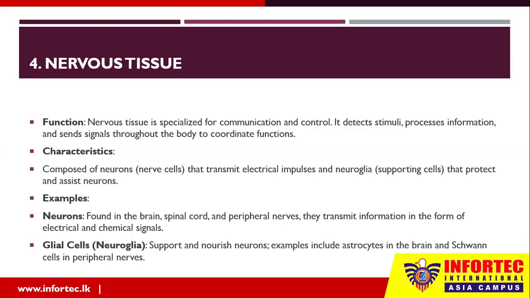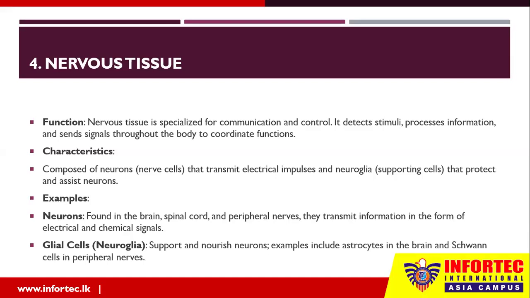Okay, so what are the major components of our nervous tissue? One most important thing is neurons or nerve cells, right? We can consider these neurons as the functional unit of our nervous system. These nerve cells generate and transmit nerve impulses, right?